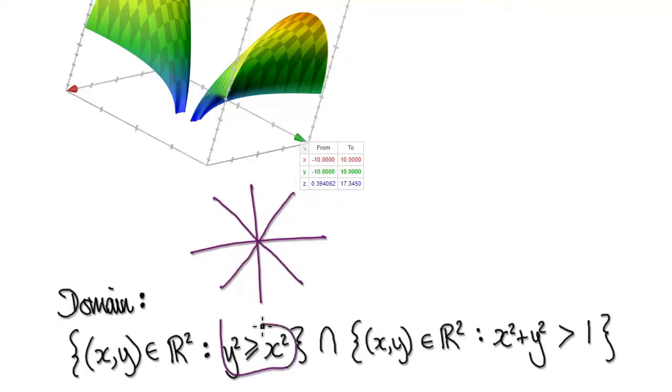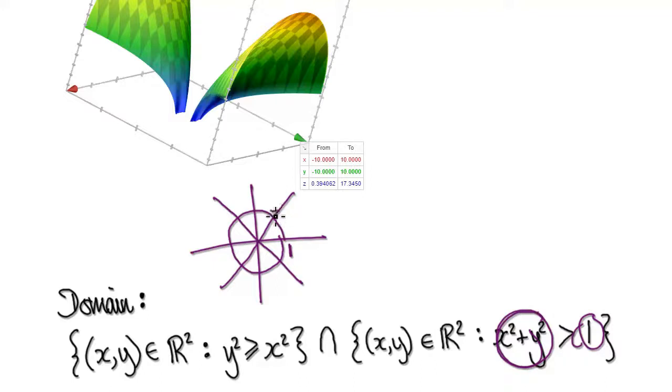So this is saying this region here and this region here, and then this is the intersection with xy on the 2D plane, such that it's bigger than a circle of radius 1. So draw your circle of radius 1, and it has to be bigger than radius 1.